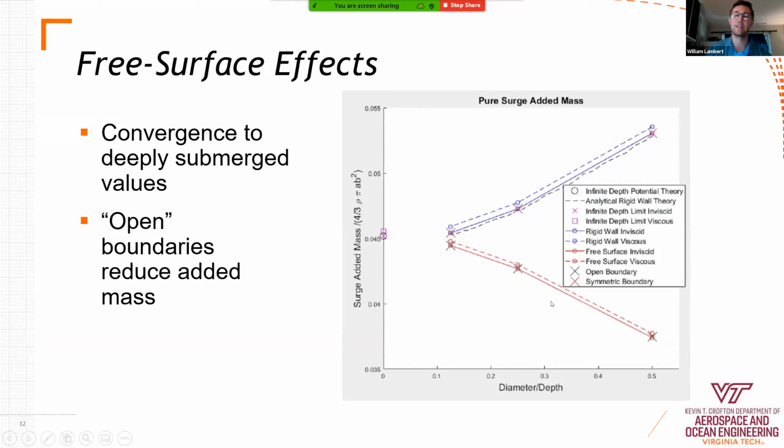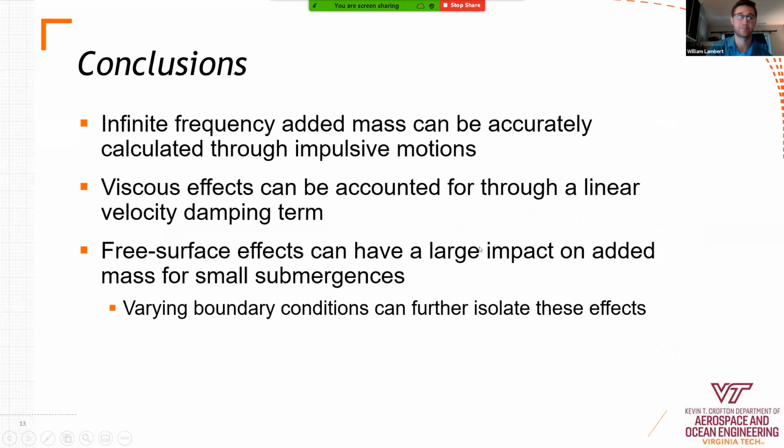We see that these open boundary conditions have values less than the deeply submerged values, and this is due to less fluid being accelerated when the body accelerates. But when we have the rigid cases and the symmetric case, we see increased added mass values that decrease as we get further away from that boundary.